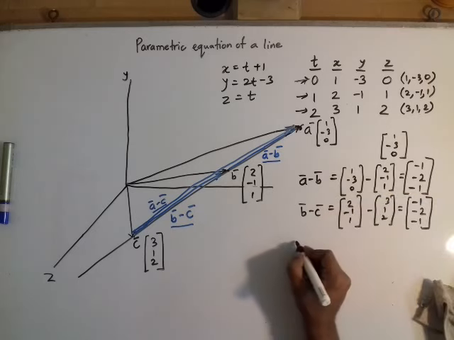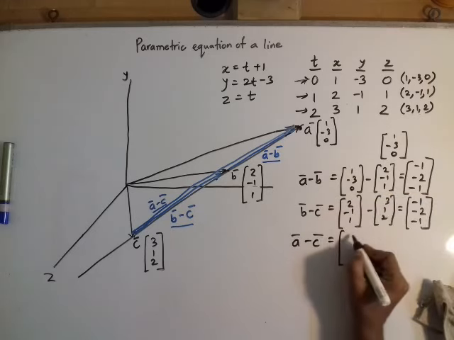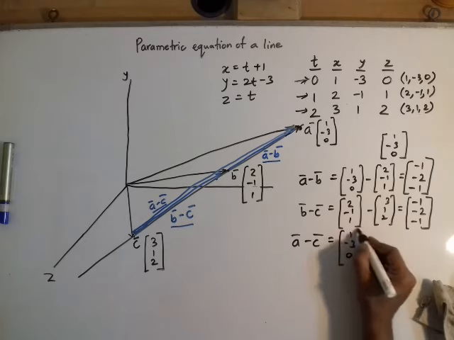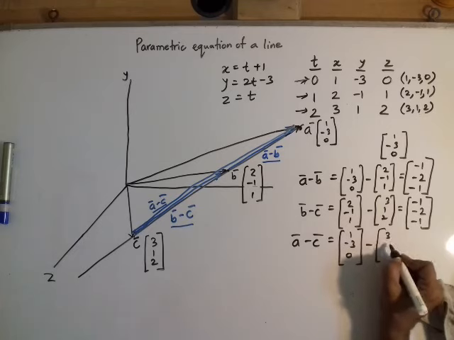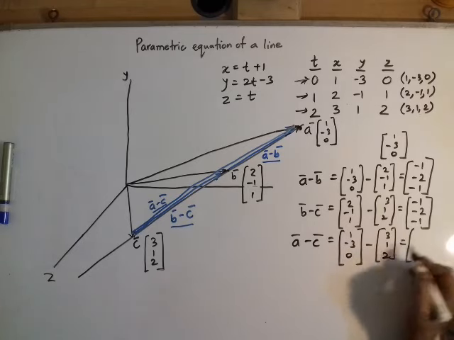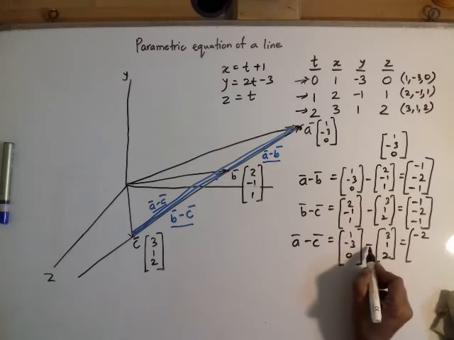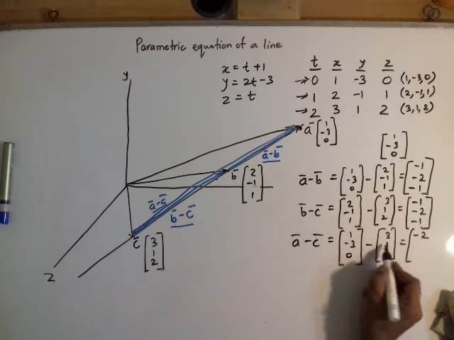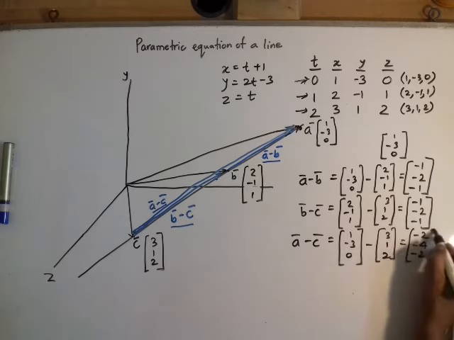Check this out. A minus C equals 1 minus 3, 0, minus 3, 1, 2, which is 1 minus 3, which is minus 2, minus 3 minus 1, minus 4, 0 minus 2, minus 2.